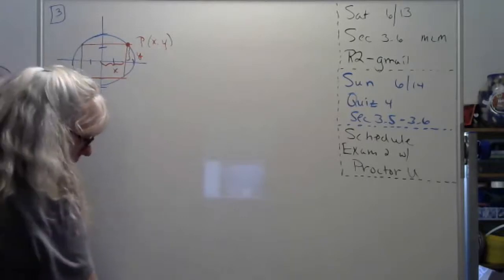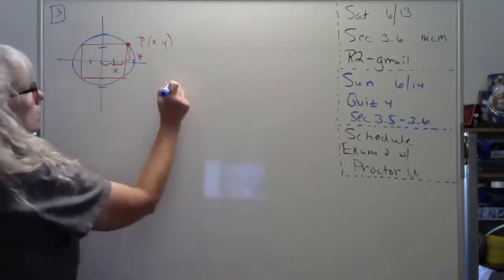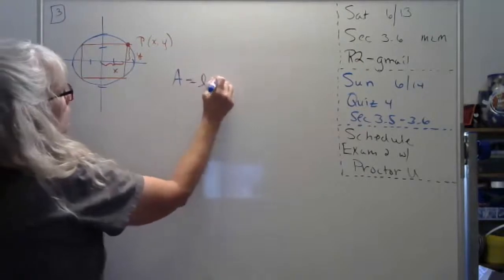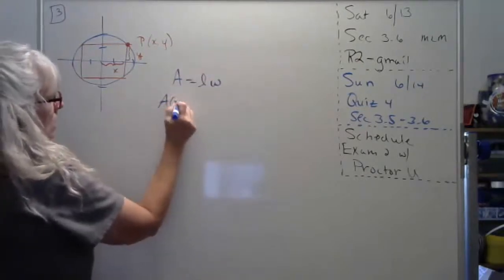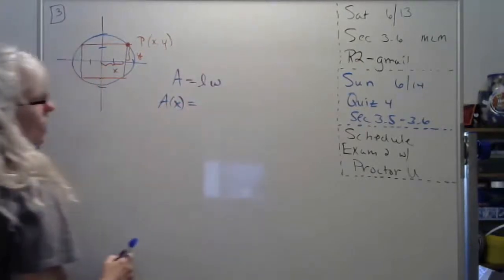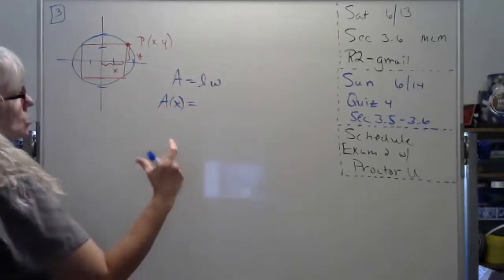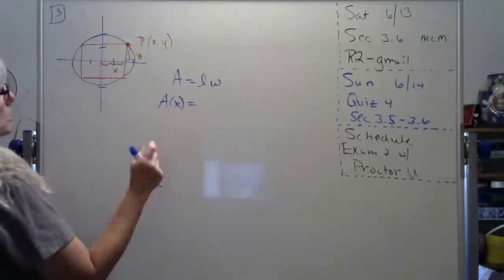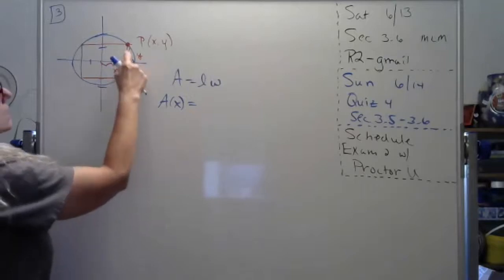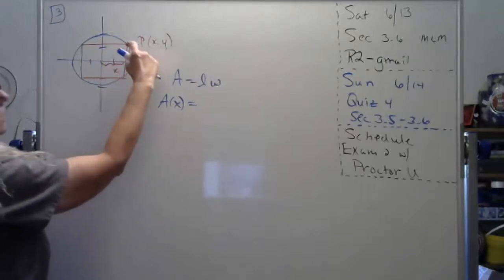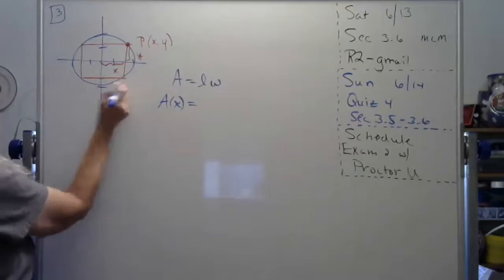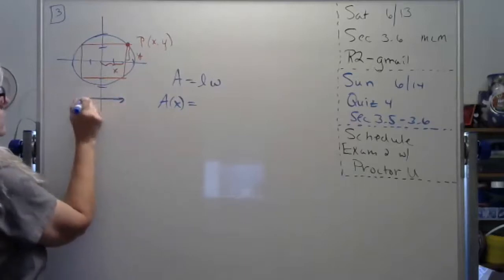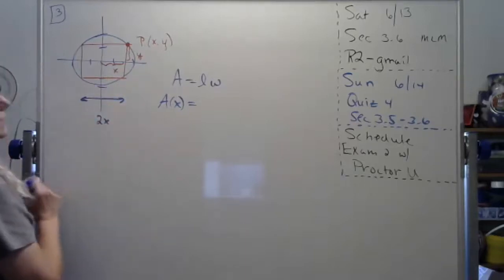So when I go to write the area of that rectangle, we know that normally it's the length times the width. The width is fairly straightforward here. Well, no, I guess they're both the same thing. Because the x and the y are only the distance that you are out in the first quadrant, to get the total width all the way across, it would be twice x.